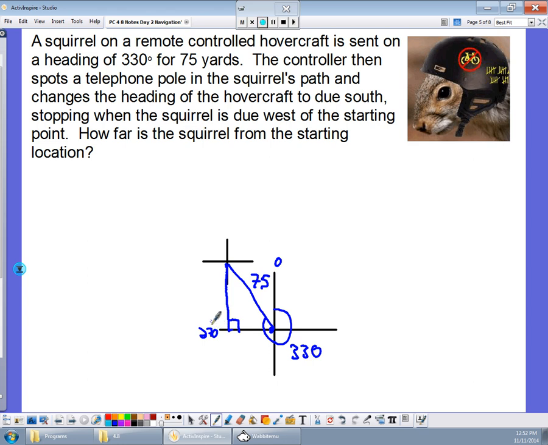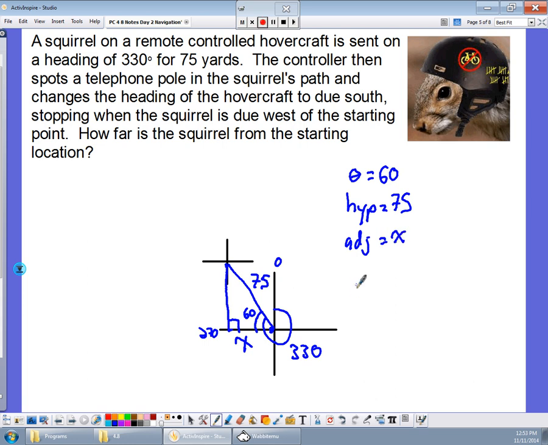this angle is 270, 330 minus 270, that'll give me this reference angle, which is going to be 60. Now I can solve for this length here. It asks how far is the squirrel from the starting location, that's just x. So now I have an angle theta, which is 60 degrees, I have my hypotenuse, which is 75, and I'm looking for my adjacent, which is x.